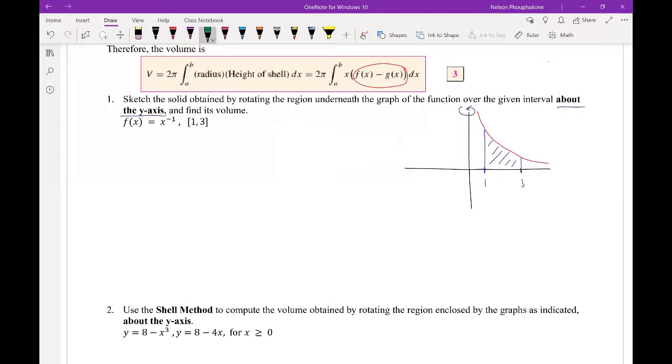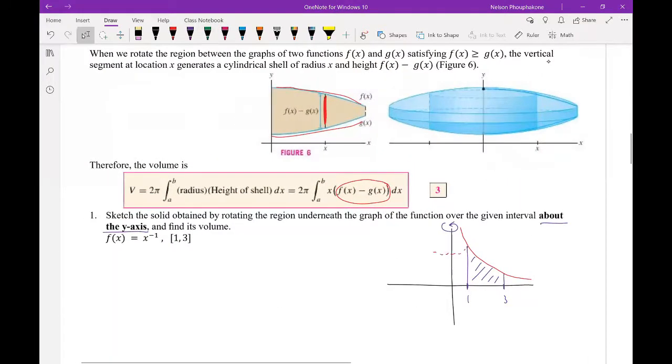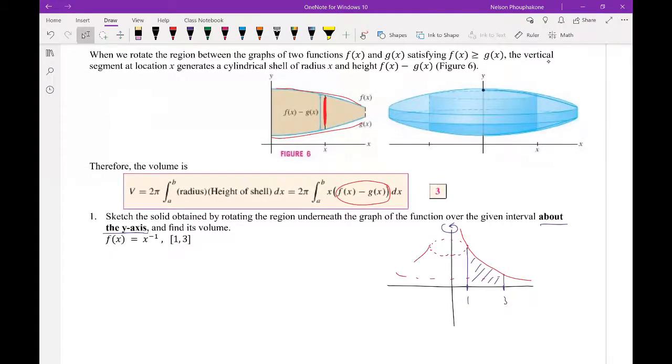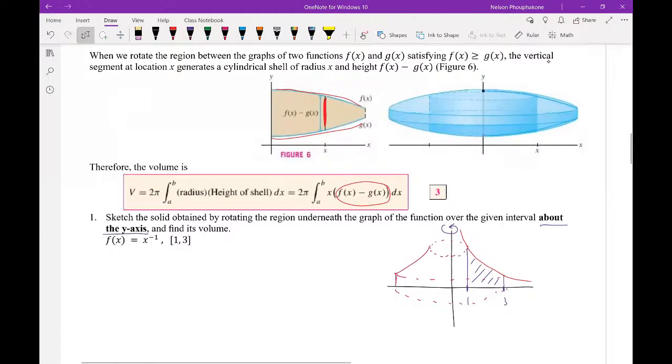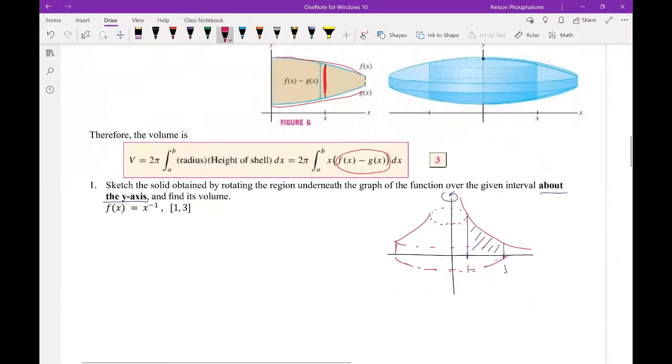Then, in this case right here, you will see what happened. Okay, so we will have something that looks like this. Okay, so this is what we're going to do. Okay, then now, let's see how we actually do this. You will see that we could actually cut this, okay, to make a shell.